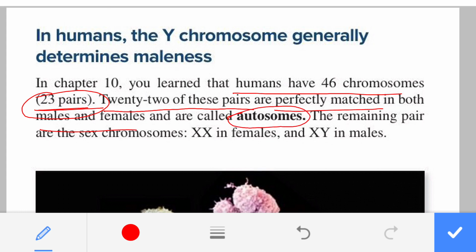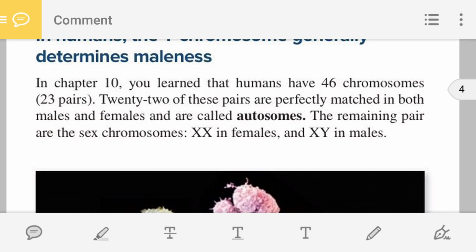And the remaining pair, that is the last pair or the 23rd pair of the chromosome, is known as the sex chromosome. So in females, the 23rd pair is XX chromosome, and in males, the 23rd pair has XY chromosomes.